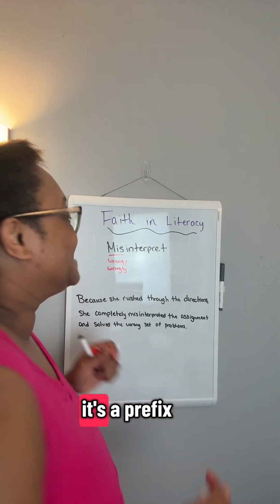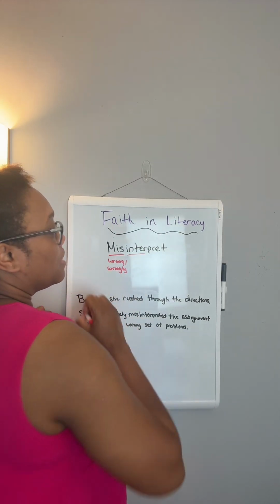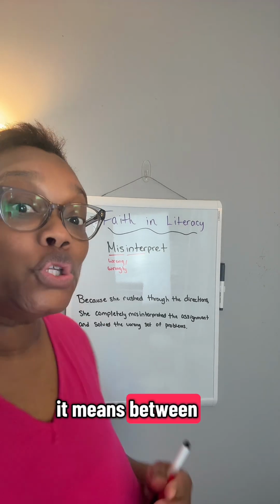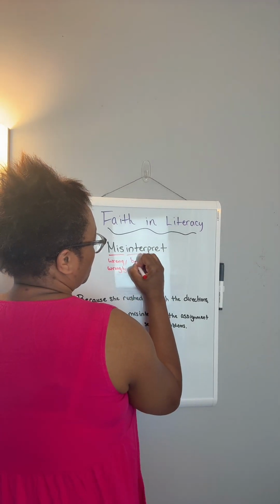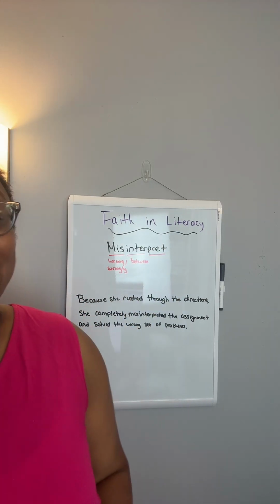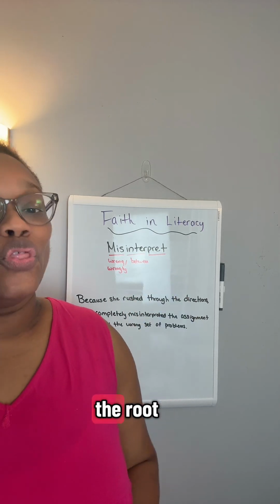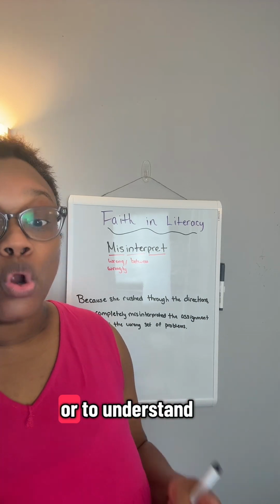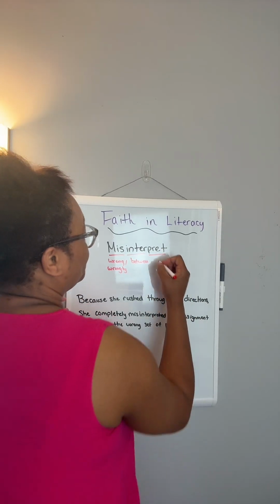In this case, it's a prefix. Inter comes from Latin and it means between. Now, pret is the root. It comes from Latin and it means to explain or to understand.